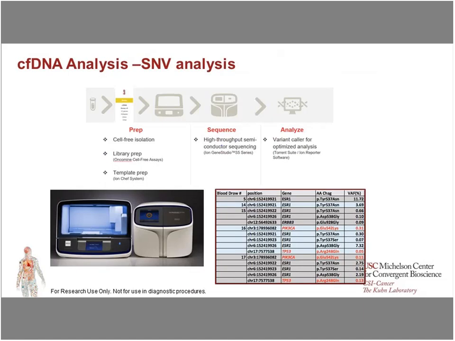For targeted sequencing on cfDNA, the Ion Torrent Oncomine cell-free nucleic acid assay, together with Ion Chef and S5 system, is our choice for its high sensitivity and quick 2-day NGS workflow. The Oncomine cfNA workflow consists of 3 steps: sample preparation, including cell-free isolation, Oncomine library preparation, and template preparation.